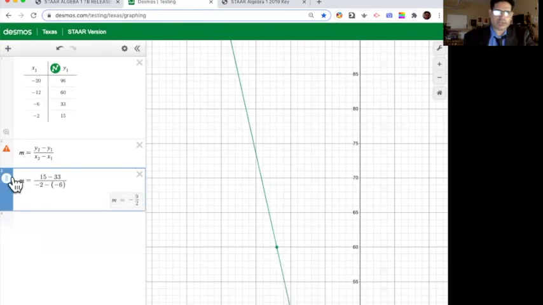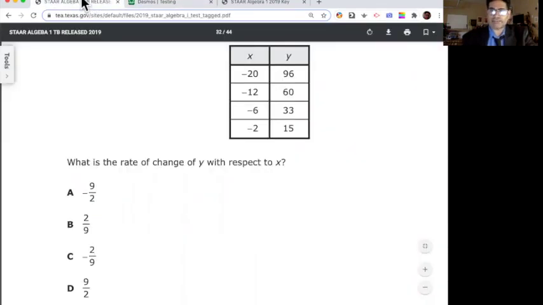Here's something we can try. There we go. According to this calculation, if we did it correctly, it's negative 9 over 2. Notice we didn't see it immediately because it was in decimal format. There it is in fraction format. That's the answer, so you want to look for that. Other calculators have a function that says convert or approximate to a fraction.